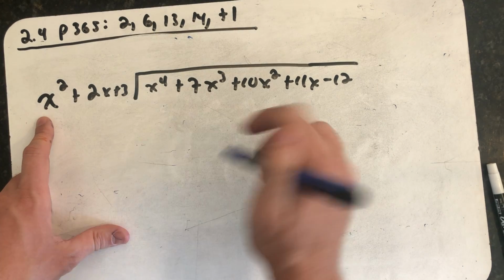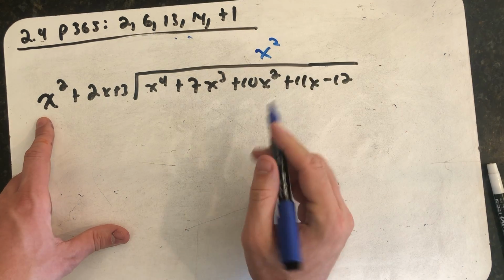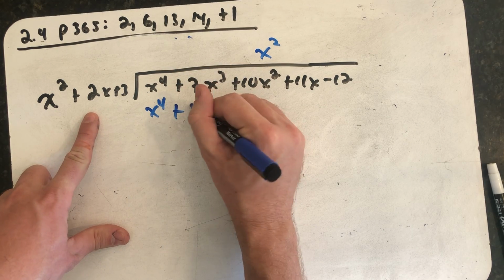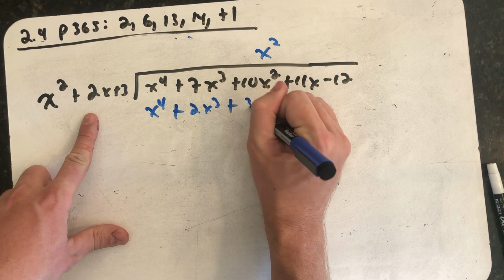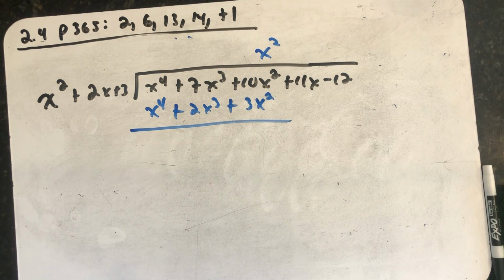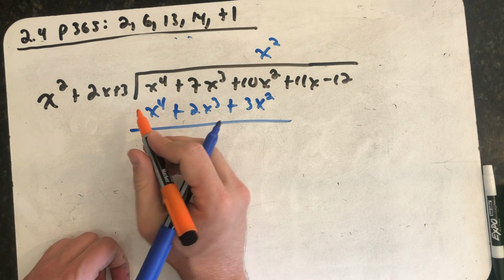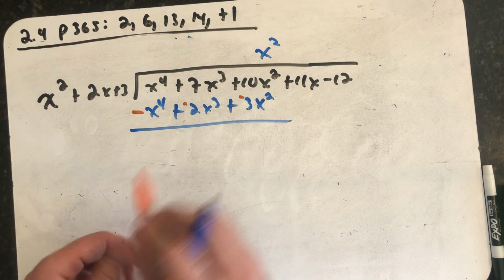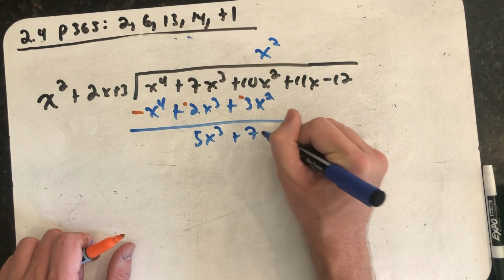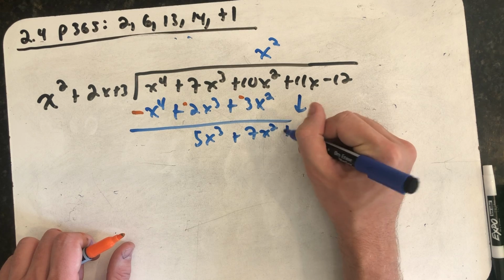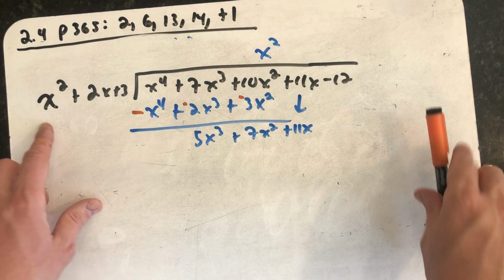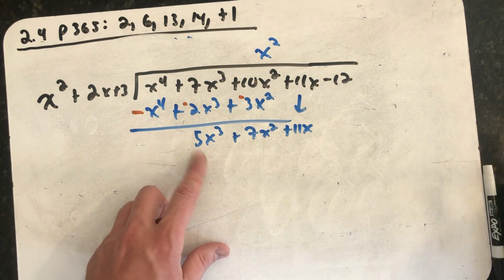All right, well, I start off the same way. Let's multiply by an x squared so that I get this x to the 4th here, so those will cancel off. Change all the signs to subtract. All right. So now I need to multiply everything by 5x to get that 5x cubed sitting there.